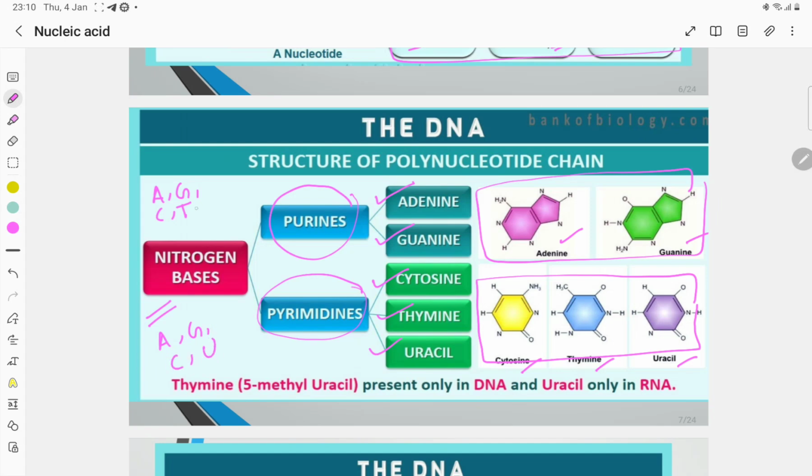So the difference between DNA and RNA on the basis of nitrogen base is that DNA contains thymine and RNA contains uracil. That means there is no uracil in DNA and no thymine in RNA.